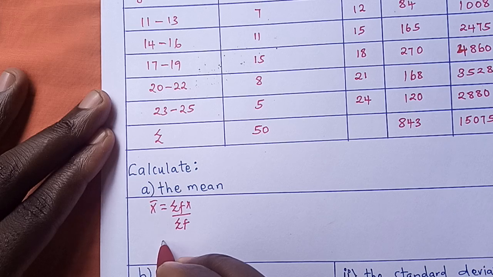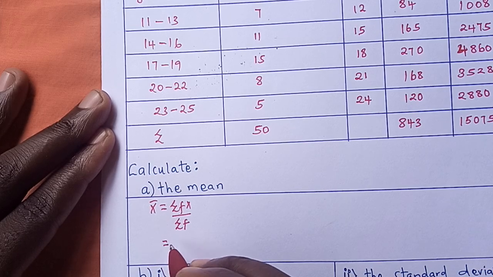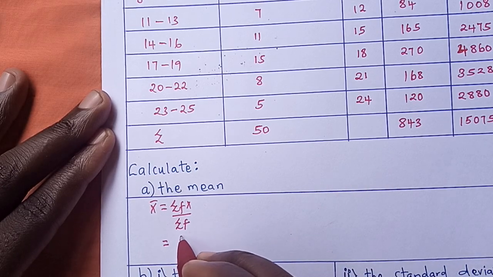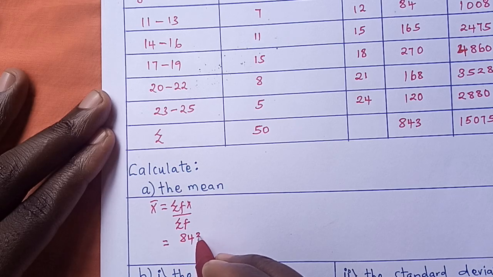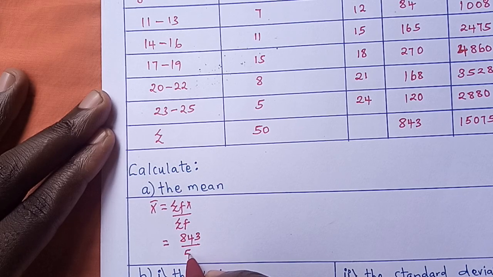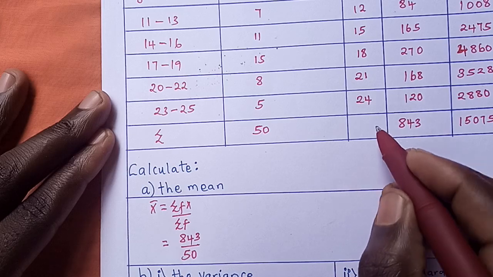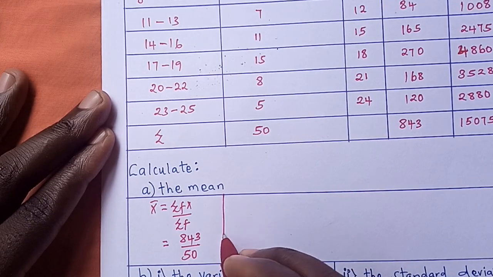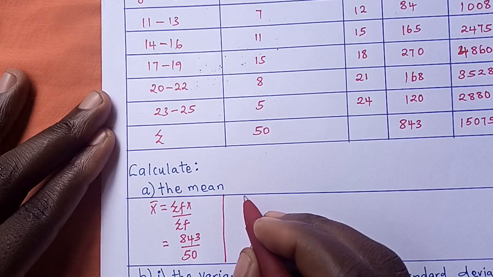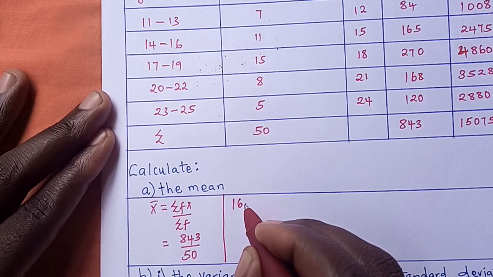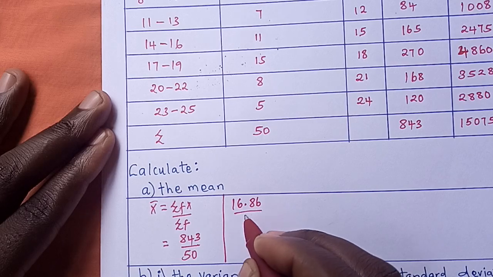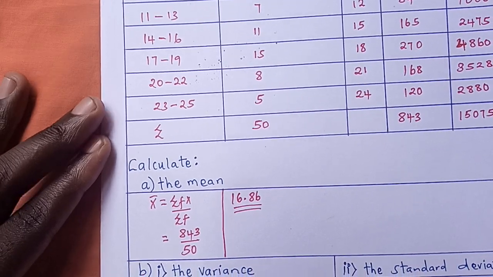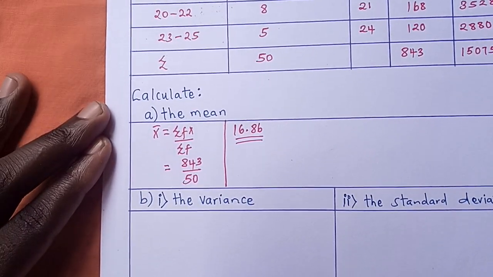In this case, the summation of f of x is 843. We divide by the frequency, which is 50. If you put this in a calculator, you surely get 16.86 as our mean.